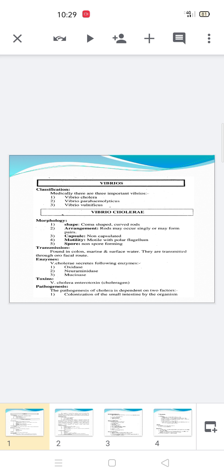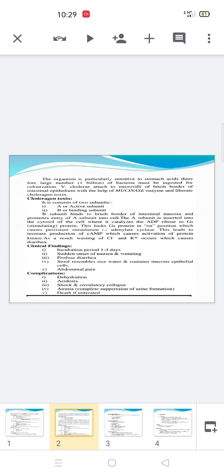It leads to death if the patient is not properly handled. In the clinical findings, the pathogenesis starts within a few hours after ingestion of the microorganism. Remember, the required amount is very high.